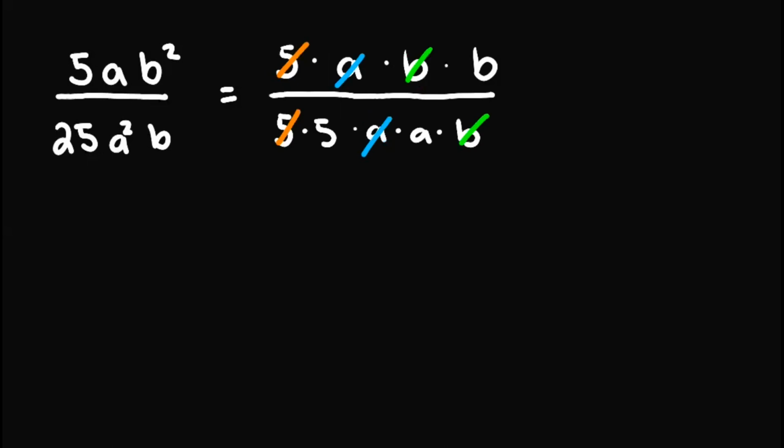After those cancellations, we are left with b over 5a, and that is the simplest form of this rational expression. I won't dive deep into this one anymore, but feel free to check out my division of monomials video for similar problems.